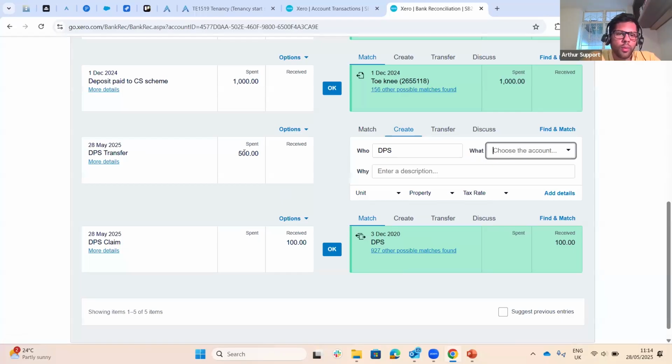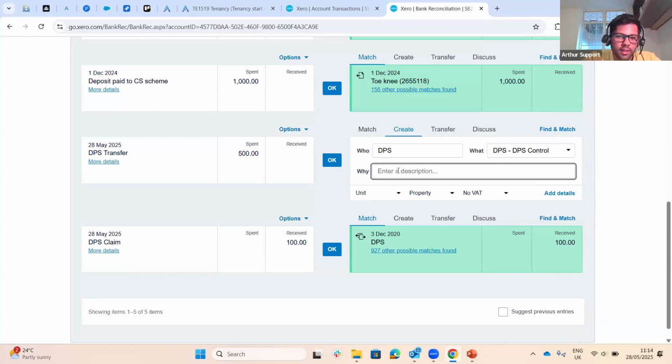So when you use a custodial scheme on Zero, you would usually have a deposit control DPS account set up, or if you use the TDS, you'd have a TDS control liability set up. So you would use create like that. And then description, you can just put the tenant's name, who that £500 is related to, and then you would go ahead and reconcile.